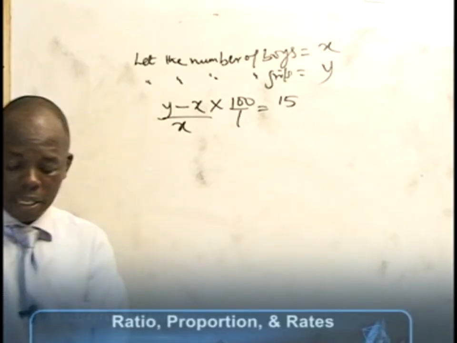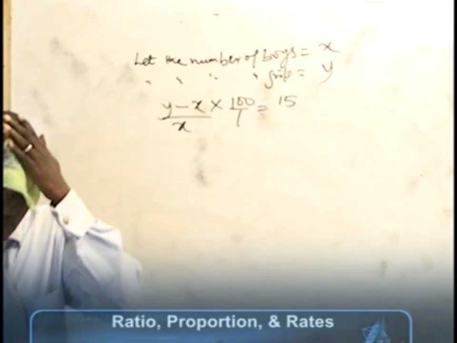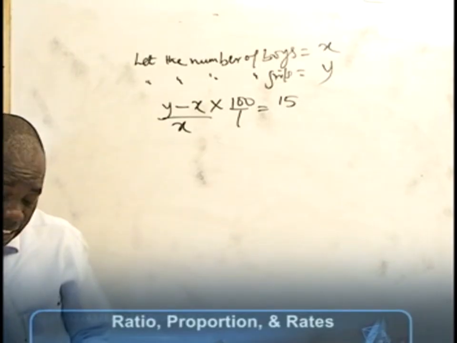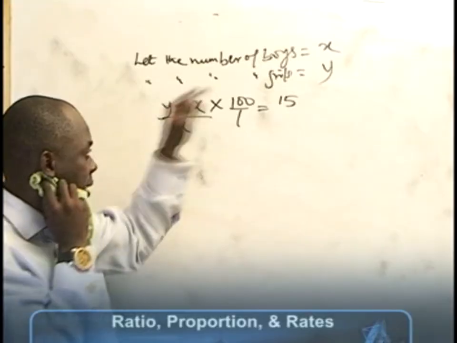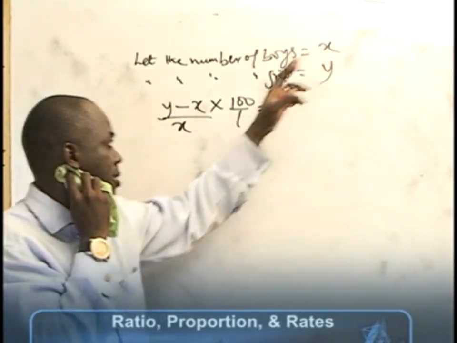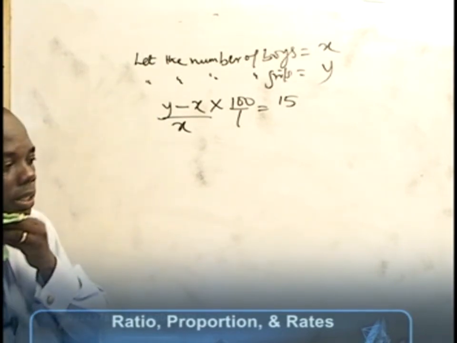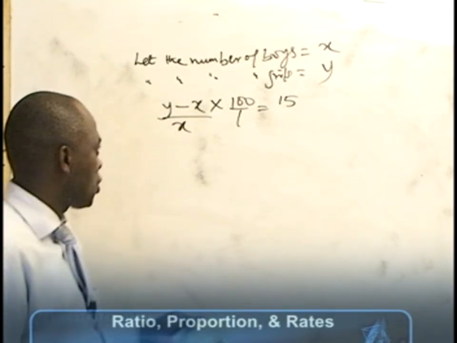Let me read it to you so that you can try to figure it out yourself. It says, in a school, the number of girls, Y, exceeds the number of boys, X, by 15%. Of course, you know that gives you an idea of a selling price or a cost price.